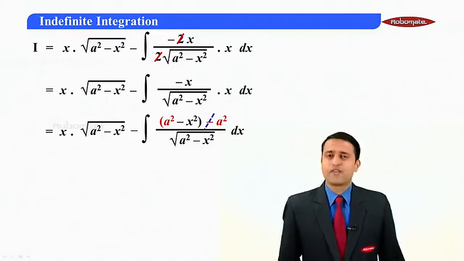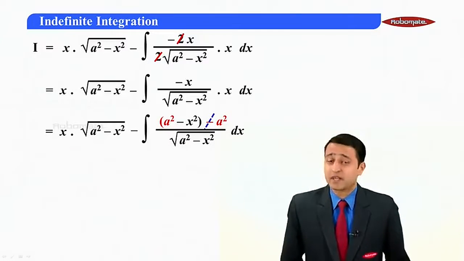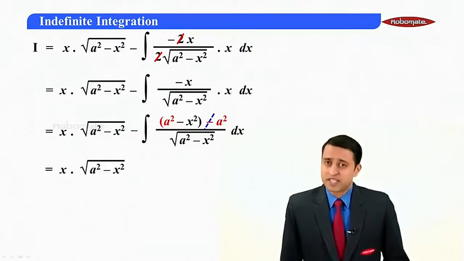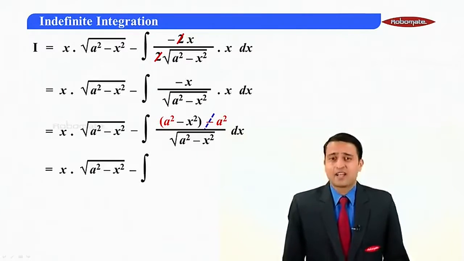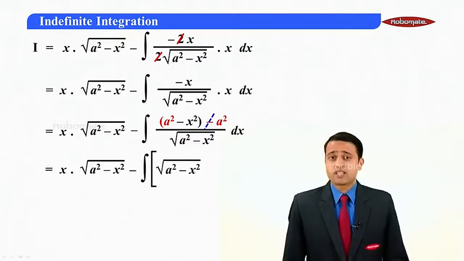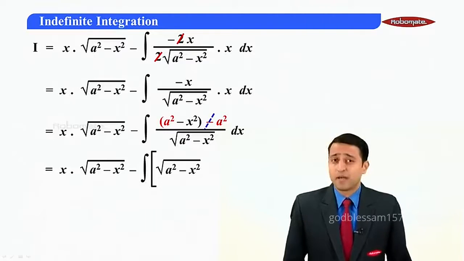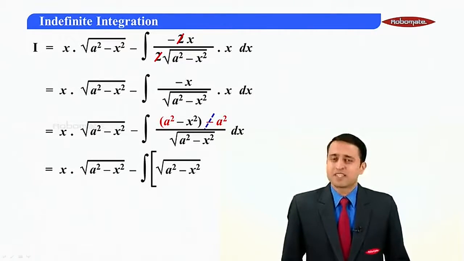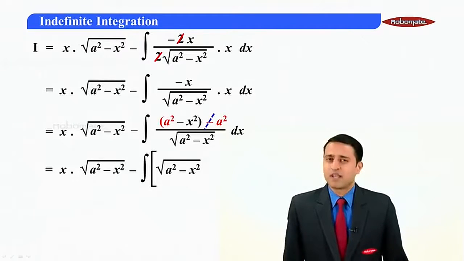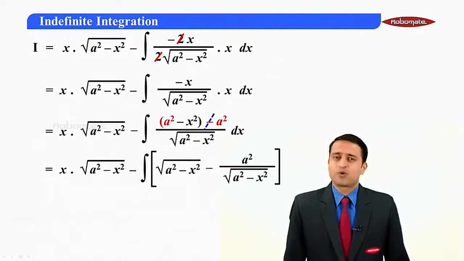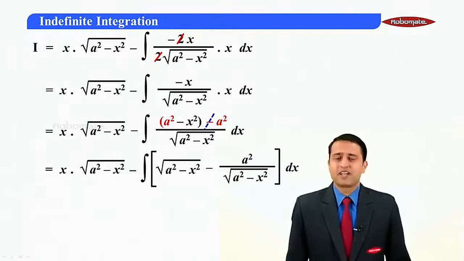In the next step, what we are going to do is we are going to separate at minus a square. So let's write x into root of a square minus x square minus, and let me put brackets here because we are going to separate. Now when I separate, I get root of a square minus x square. How come? Because a square minus x square upon root of a square minus x square will be nothing but root of a square minus x square, and then minus of a square upon root of a square minus x square and a dx.